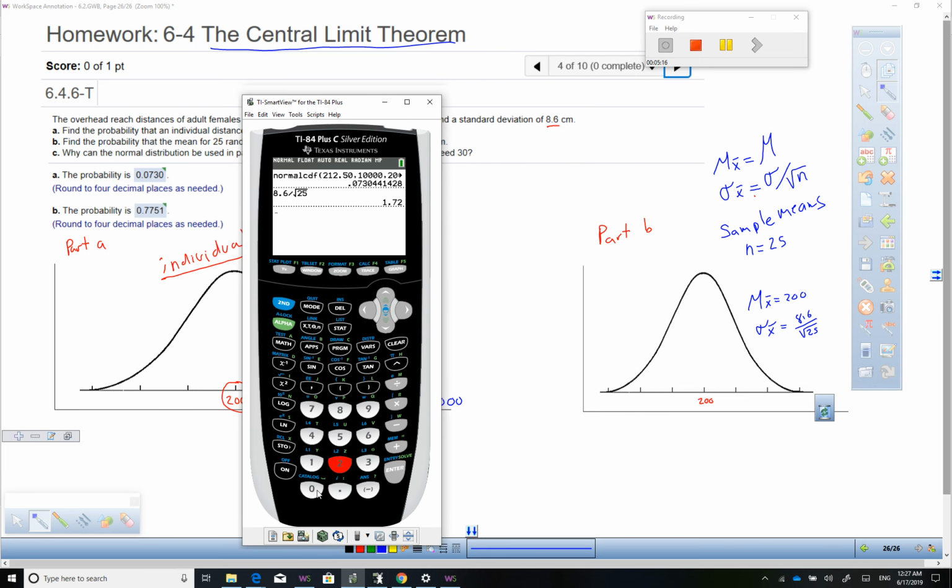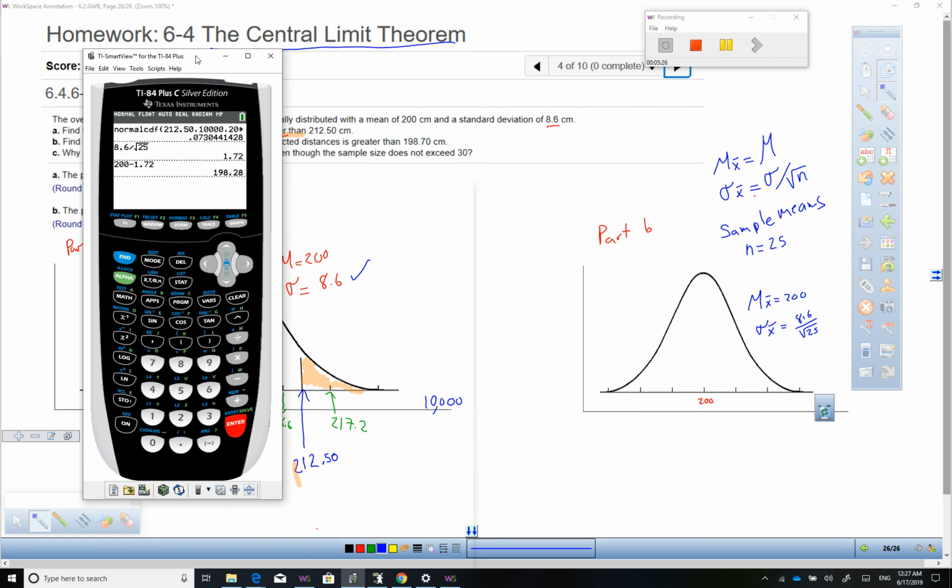So 200 minus 1.72 is 198.28. So this mark right here is 198.28. That will be minus, again, the standard error, which is 1.72, that will be 196.56.